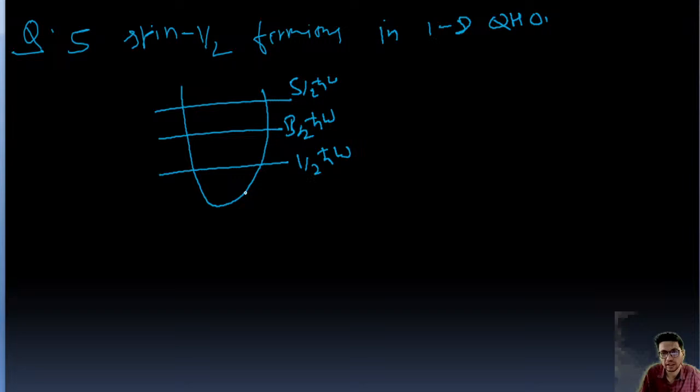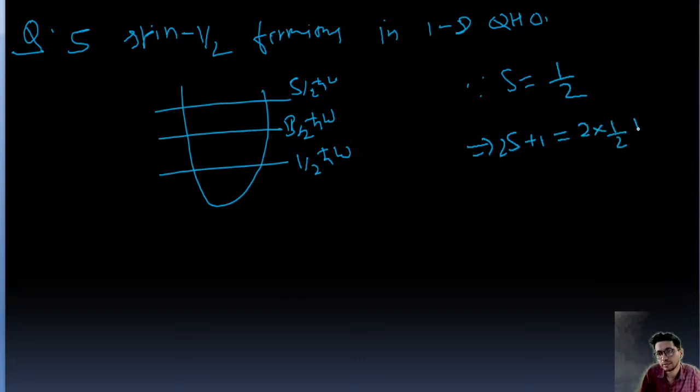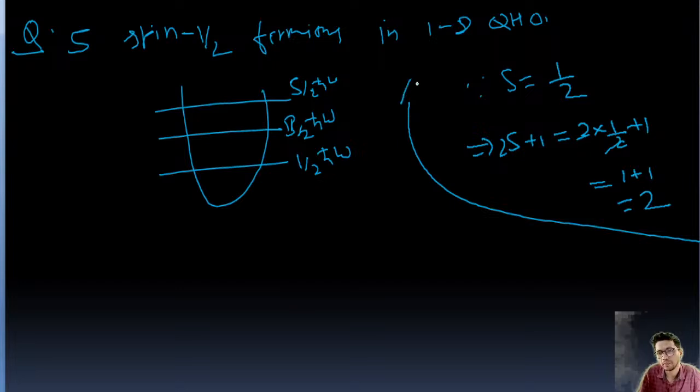These are the energy levels for the ground state, first excited state, and so on. Since spin is half, we find 2s plus 1 equal to 2 into half plus 1, which means 1 plus 1, that is 2. It means in a level we can only fill 2 fermions.